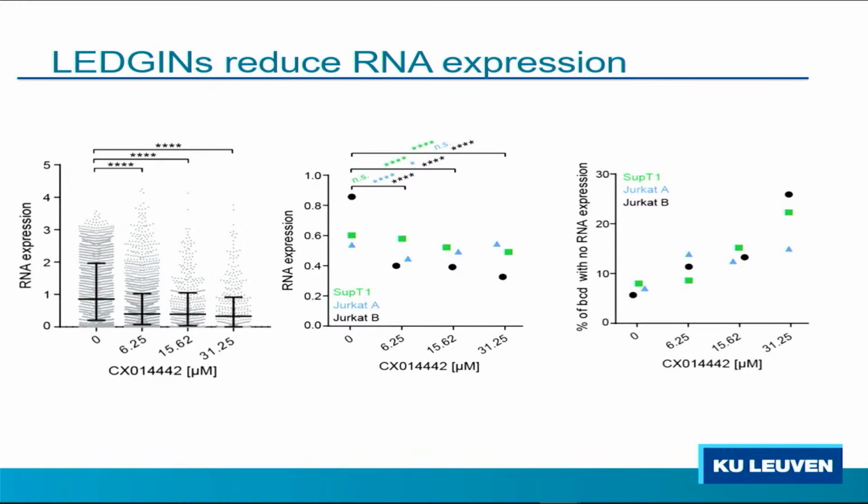It's for the viruses that we still have less transcriptional activity. That's clearly shown here. And even at the right, if you look at the specific barcodes that have no RNA, you see that the number of them increases upon increasing concentration of ledgin. So lots of these proviruses that are retargeted are in deep latency.